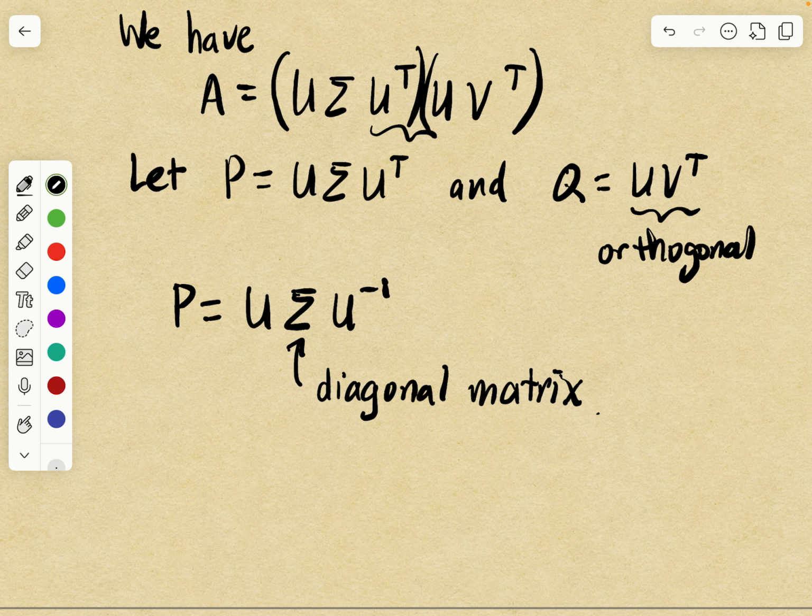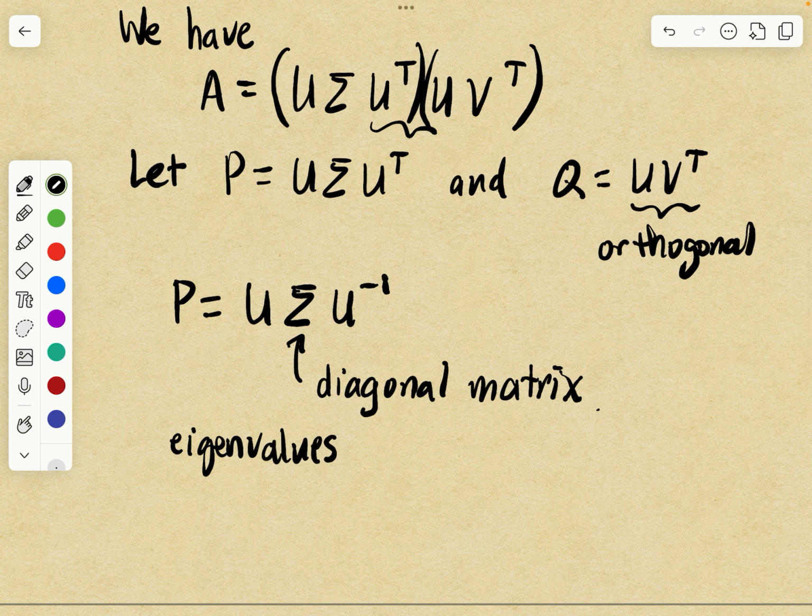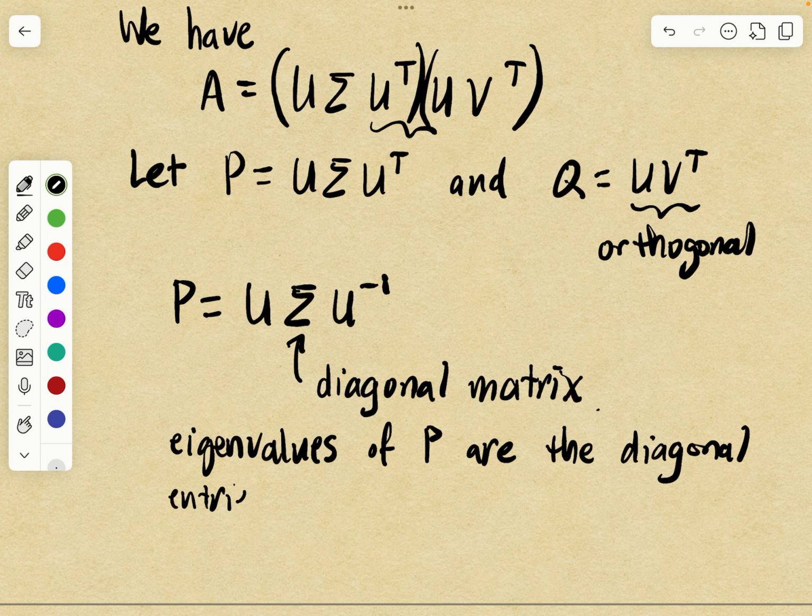It's an actual n by n diagonal matrix. When you have a decomposition like this, the eigenvalues of P are just the diagonal entries of sigma.